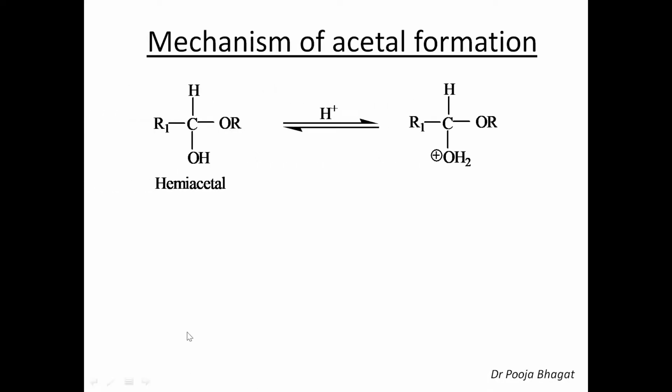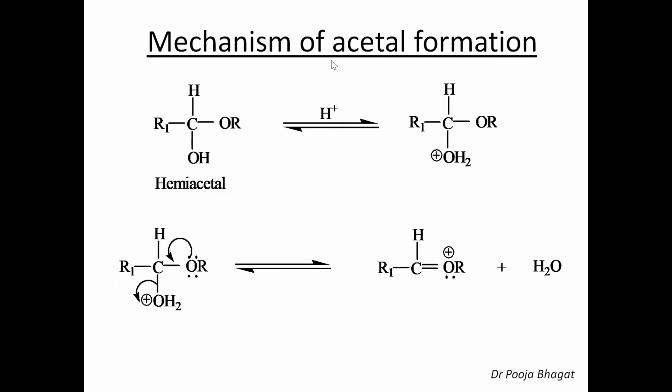Let's see the mechanism. So hemiacetal, as the medium is acidic, the OH gets converted into OH2 positive. This is called protonation of oxygen. Oxygen was neutral, and when it takes a proton, it will get converted into OH2 positive.